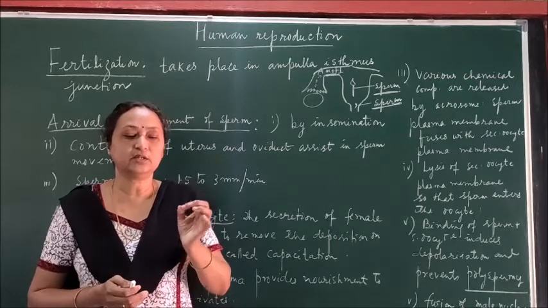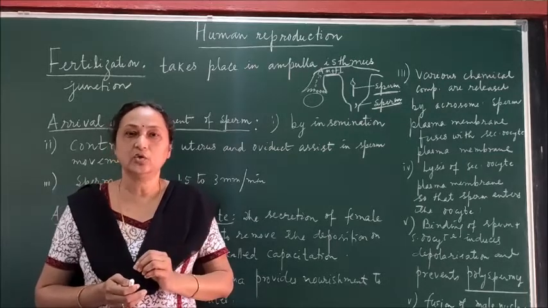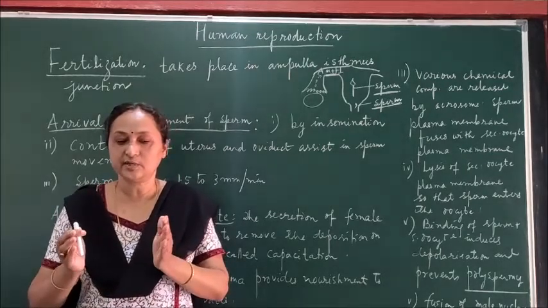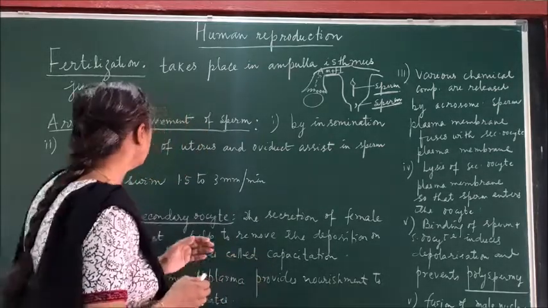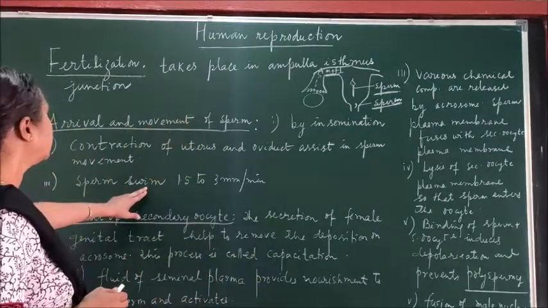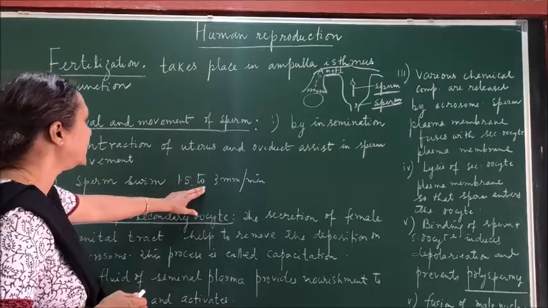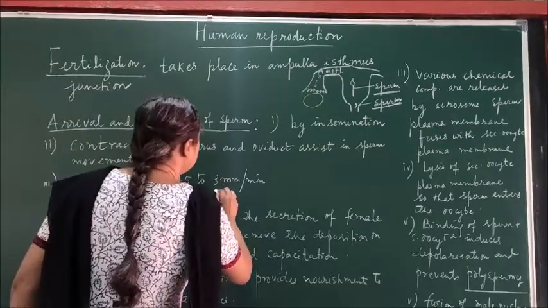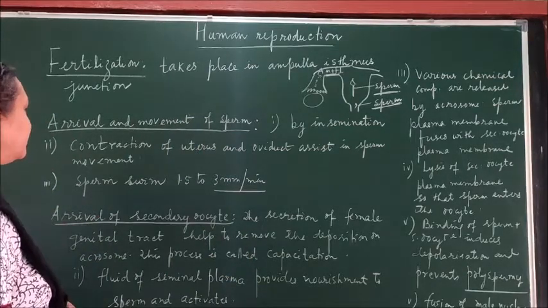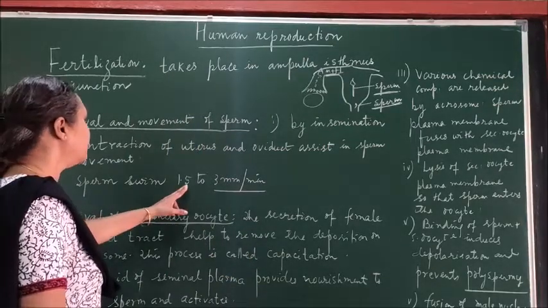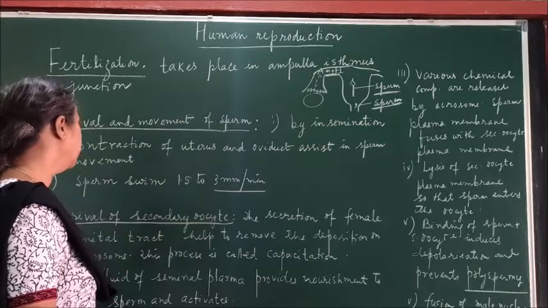Hardly 1000 sperms enter the oviduct, and most of the sperms are destroyed while traveling towards it. Sperm swim 1.5 to 3 mm per minute. In one single minute, the distance covered by the sperm is 1.5 to 3 mm.